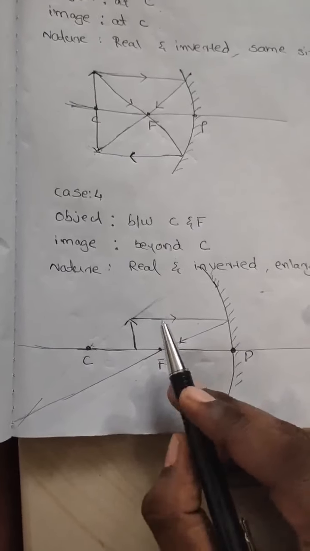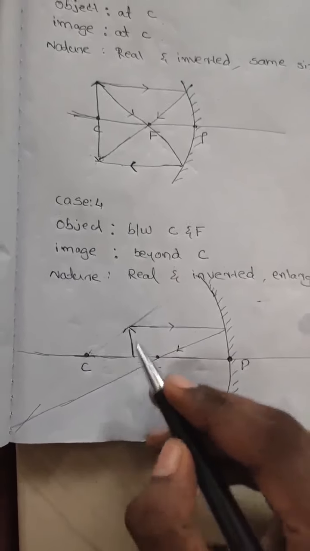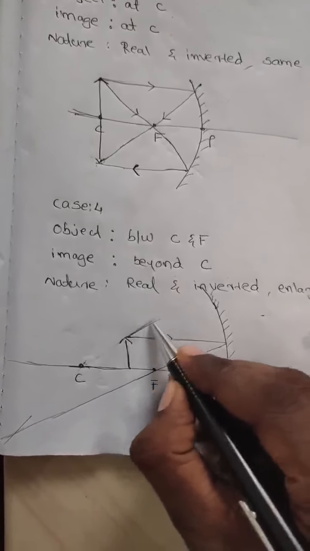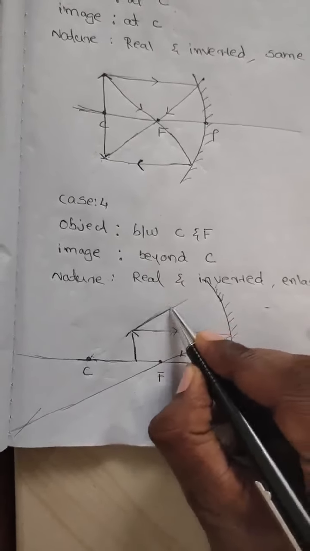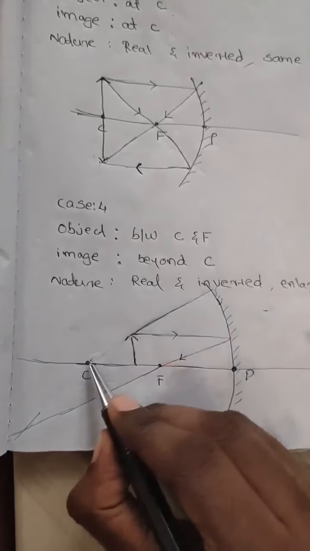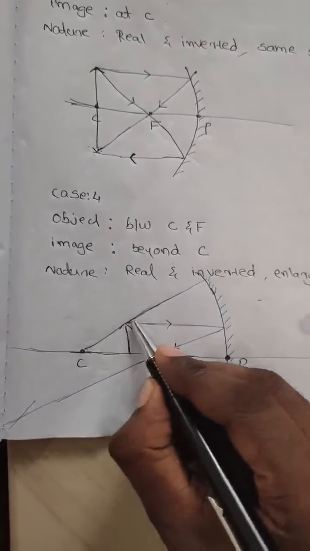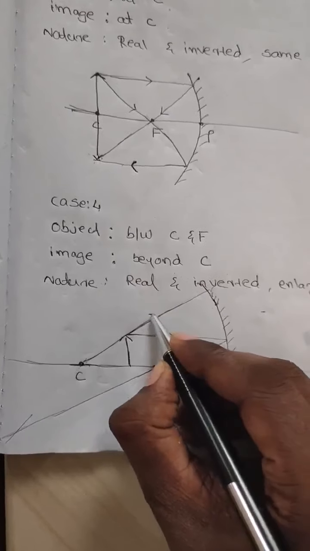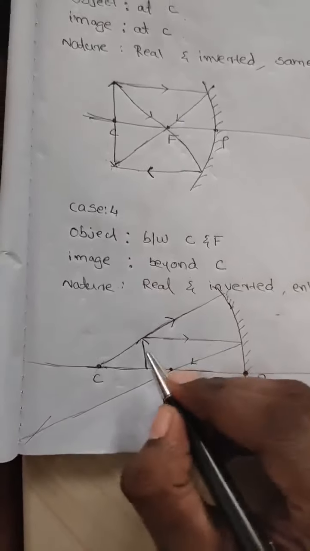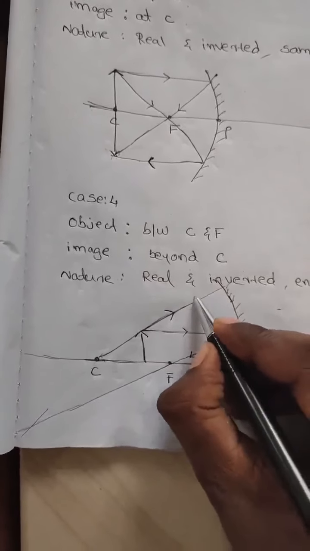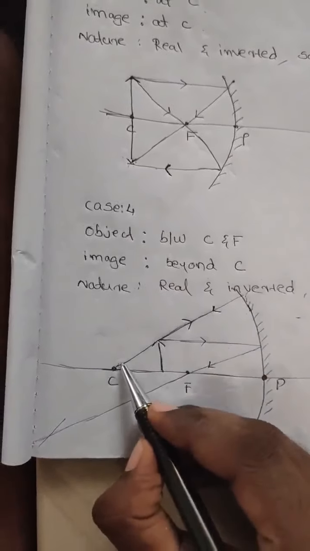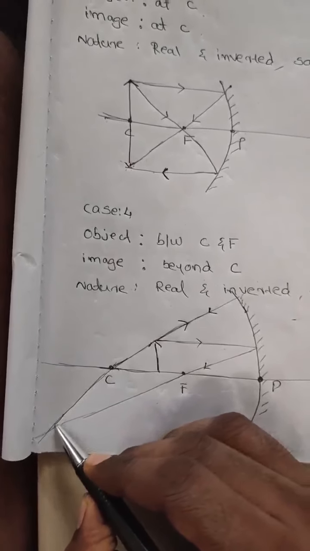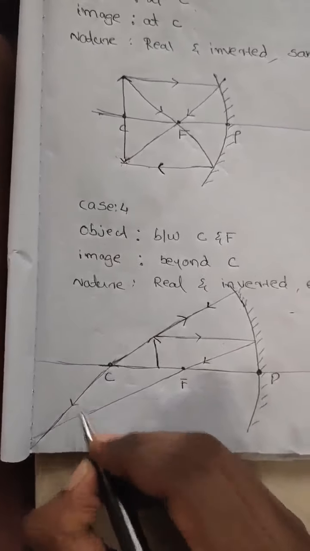To get one more reflected ray, we are taking one ray emerging in this direction. This is in the direction of C. So we know that a ray incident through the center of curvature will reflect through the same path. Hence it is reflected like this.